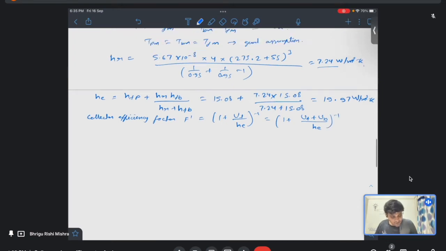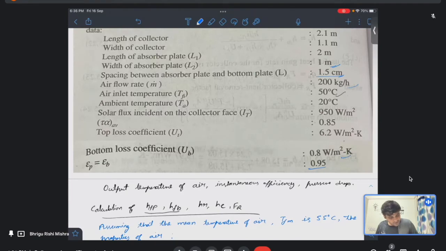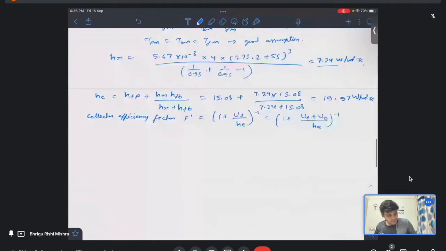Now UT and UB are given here: UB is 0.8 and UT is 6.2. Okay, so we can put these values. So it turns out (1 plus 7 by 19.97) inverse. So F dash is 0.74.